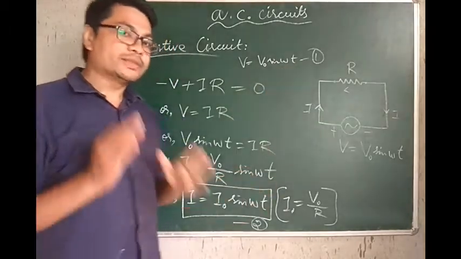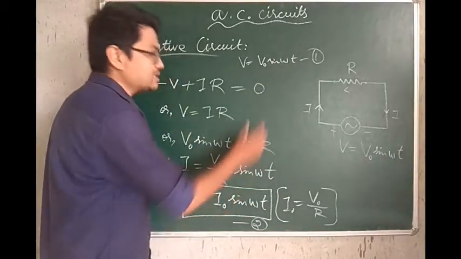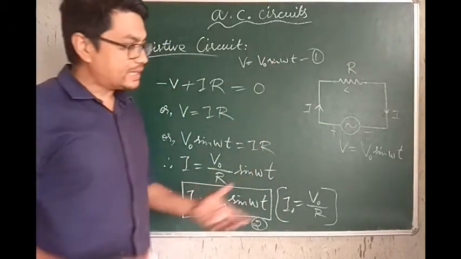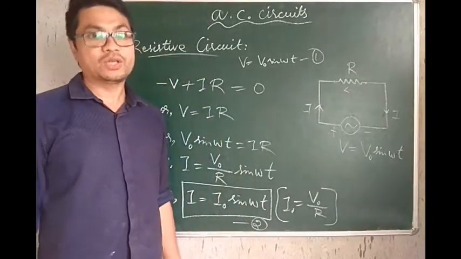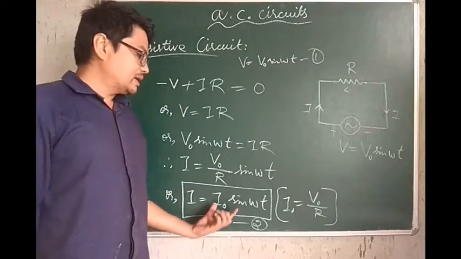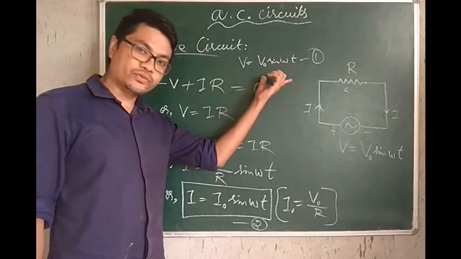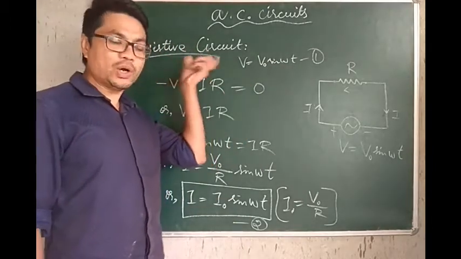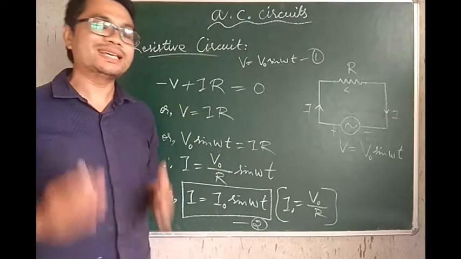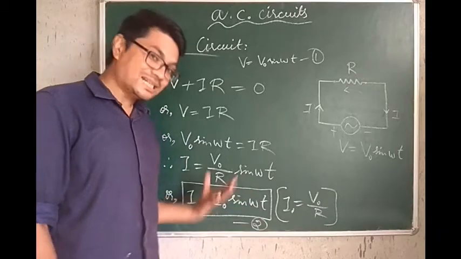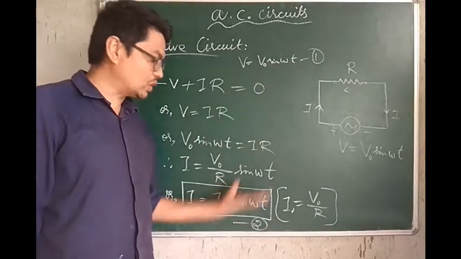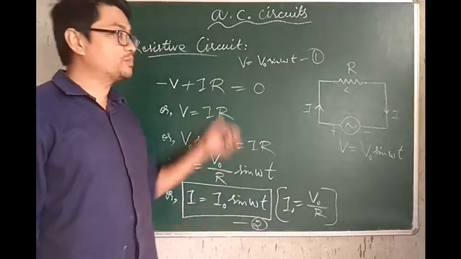So the phase angle of the current and the voltage in case of a purely resistive circuit is the same. In other words, the current and the voltage in case of a purely resistive circuit are in phase.